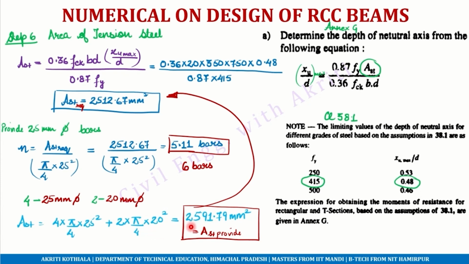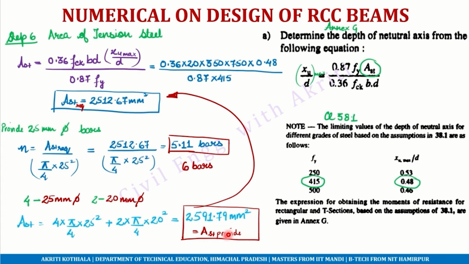So this equates to 2591.79 millimeter square. This value is greater than the required value. We require 2512 millimeter square, and we are providing 2591 millimeter square. So we have provided an extra of around 70 millimeter square, which is sufficiently fine.